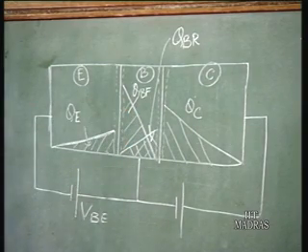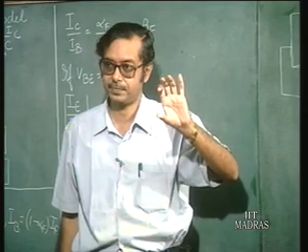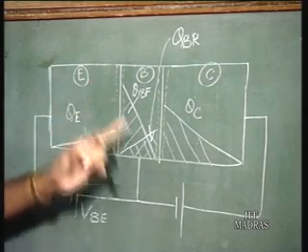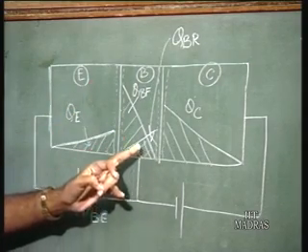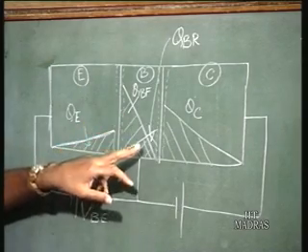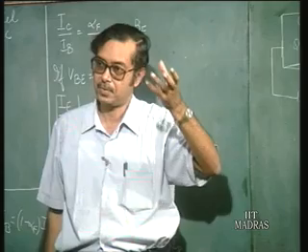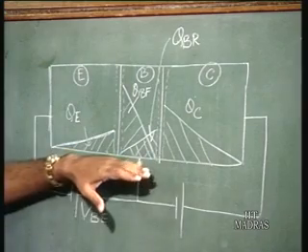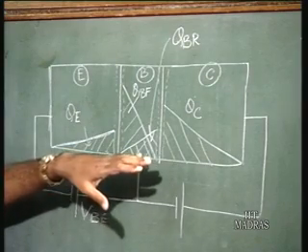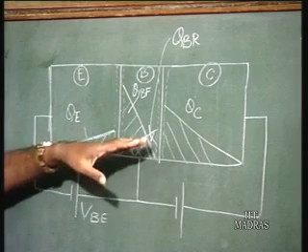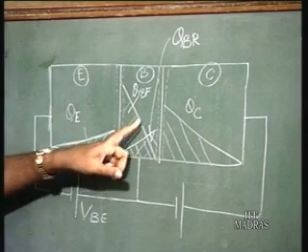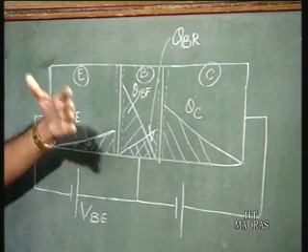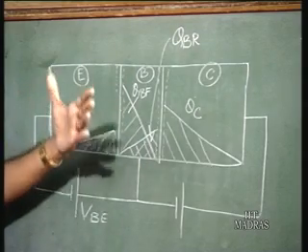Okay. Now, if VBC is equal to 0, all right, then this reverse charge in the base will not be existing, you just have the forward component. And also if VBC is negative, that is the base collector is reverse biased, this also would not be existing, because you know that the charge at this end is equal to the minority carrier concentration thermal equilibrium value into exponential VBC by VT.